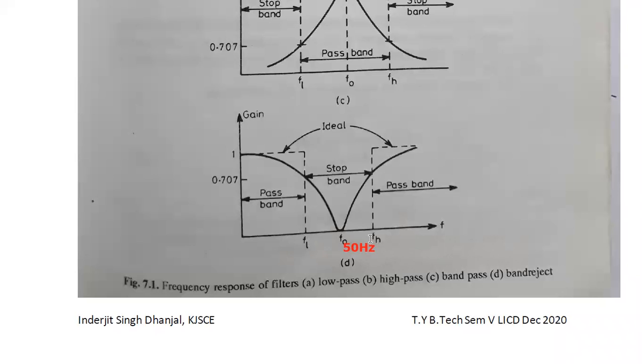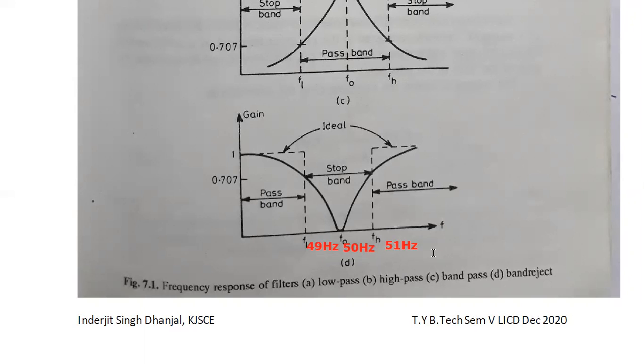So here in the general case, it will reject a range of frequency. Here I can write 49 hertz, and here I can write 51 hertz. So I want to reject the frequencies 49 to 51 hertz, and I want to pass all other frequencies other than this.